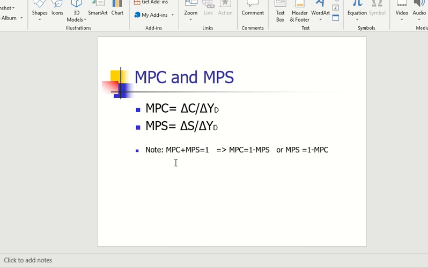What is noteworthy is the sum of these two has to be equal to 1 because what is not saved is spent, and vice versa. In other words, you can use this equation to derive the relationship between marginal propensity to consume and marginal propensity to save. For example, if you're given marginal propensity to save, you can easily find marginal propensity to consume by subtracting marginal propensity to save from 1.